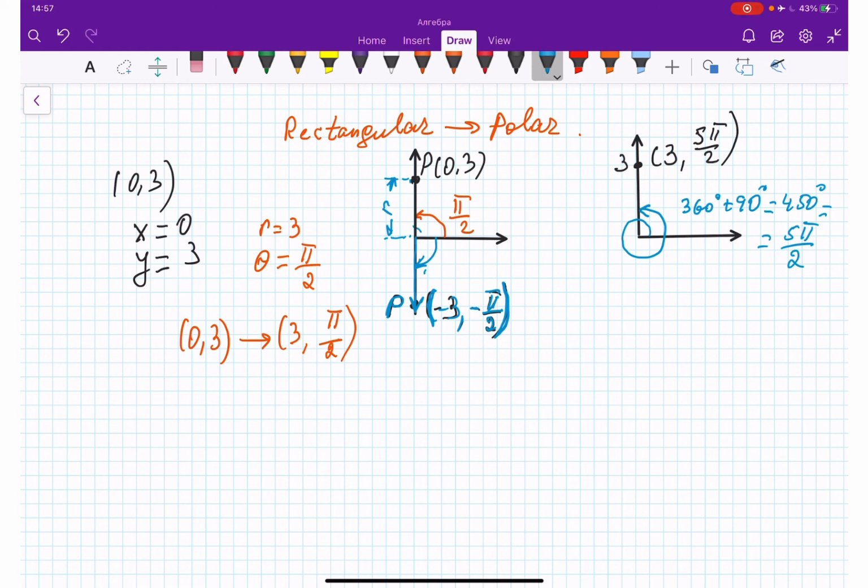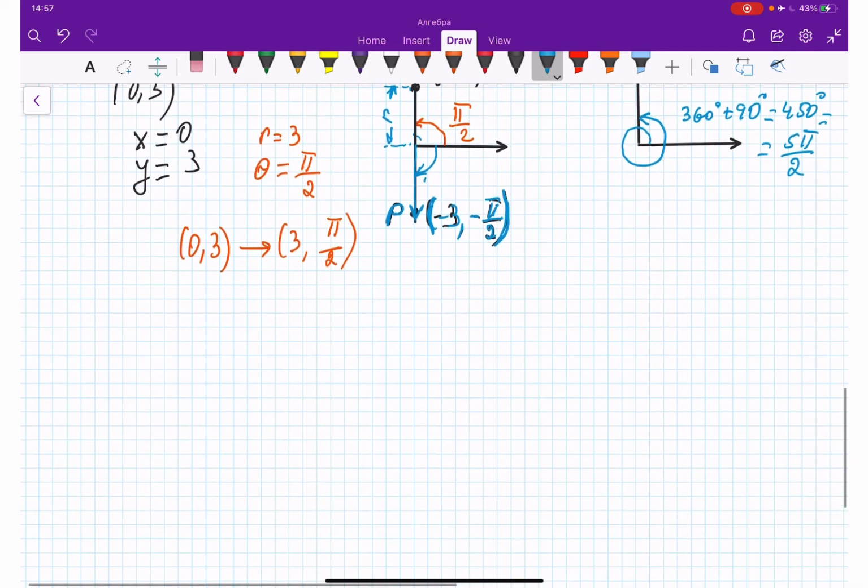All right, so let me generalize these types of cases.